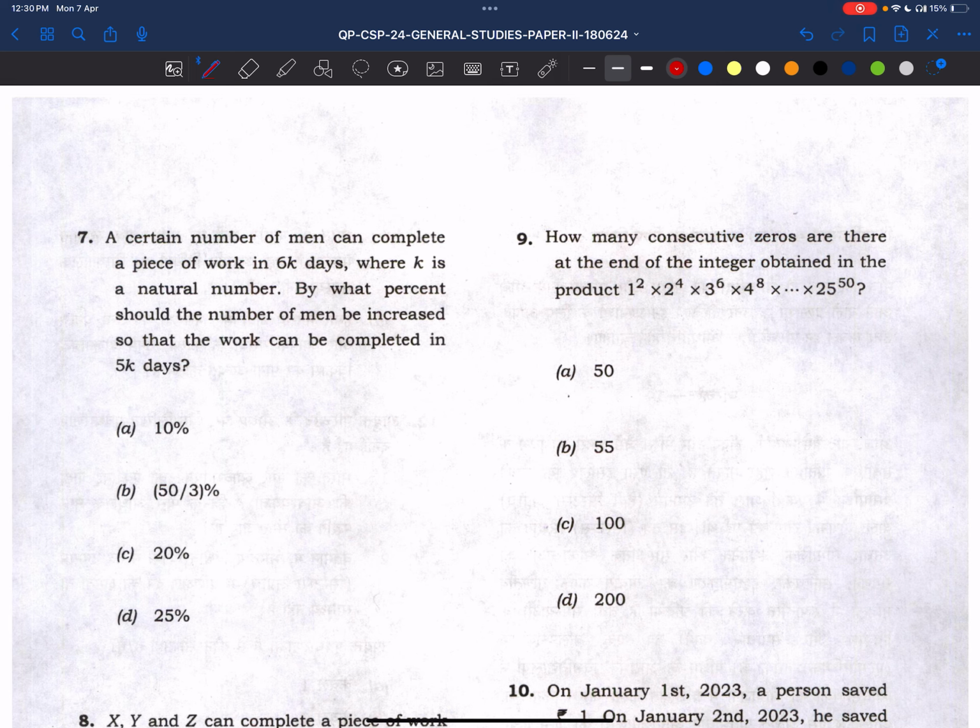A certain number of men can complete a piece of work in 6k days. Here k is a natural number. By what percentage should the number of men be increased so that the work can be completed in 5k days? Okay, we know that men are inversely proportional to days, that means M1 D1 is equal to M2 D2. Let the men be M1.